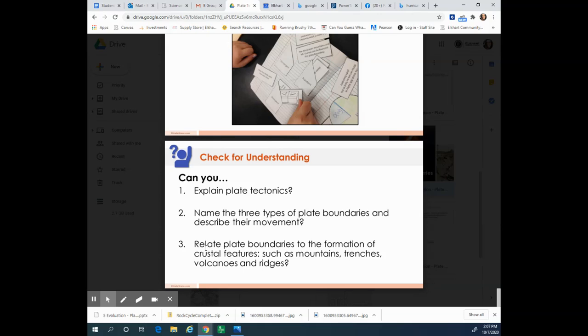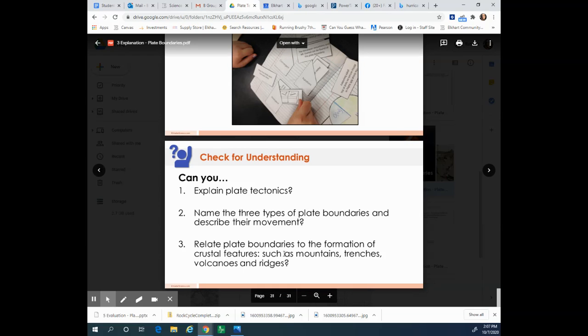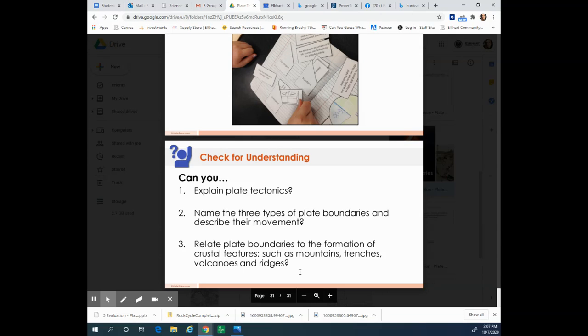Now right here it says relate plate boundaries to the formation of crustal features such as mountains, trenches, volcanoes, and ridges.